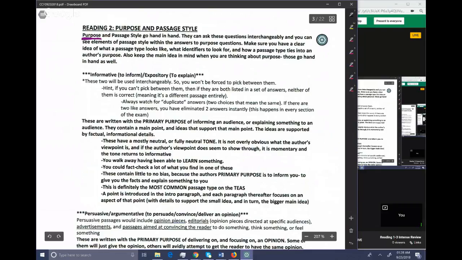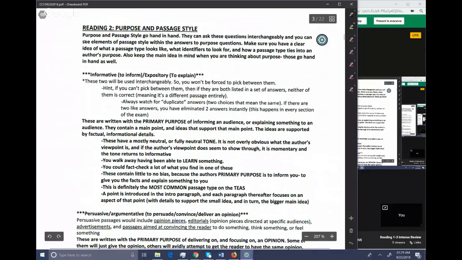You can be asked to explain the purpose, where you would say the purpose is to explain the process for purchasing a car. And then you could be asked for the passage style, which is a little bit more general, where you would say, oh, it was intended to inform me, or it was intended to explain something to me. They go hand in hand.